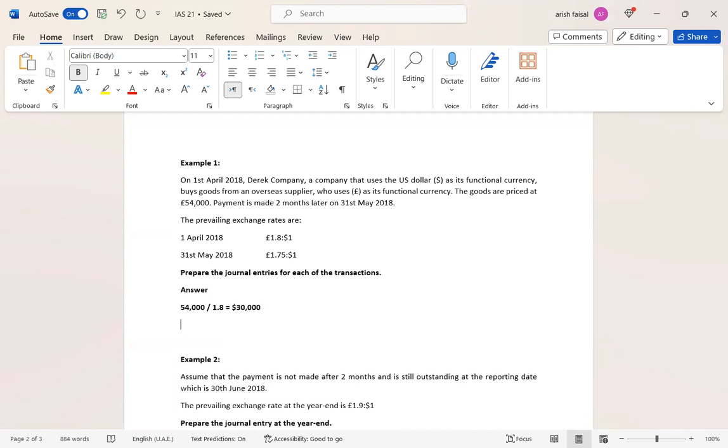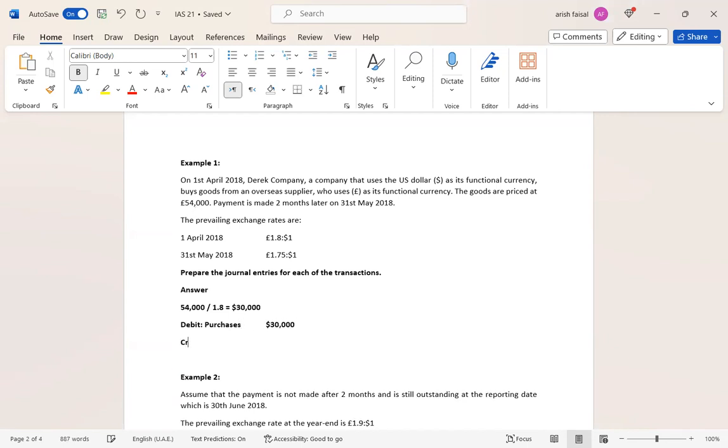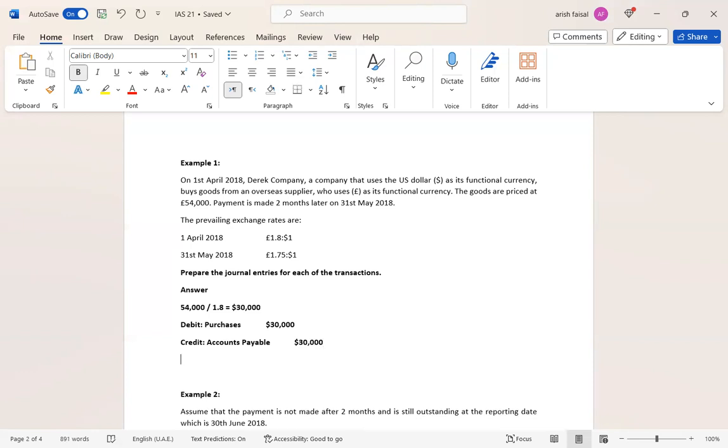So in the books of Derek, it will be recorded as debit purchases with the amount of 30,000, and credit will be your accounts payable with the amount of 30,000. Now that's the transaction which you have to record at the time of purchasing the goods. This is the transaction which the Derek company will record.